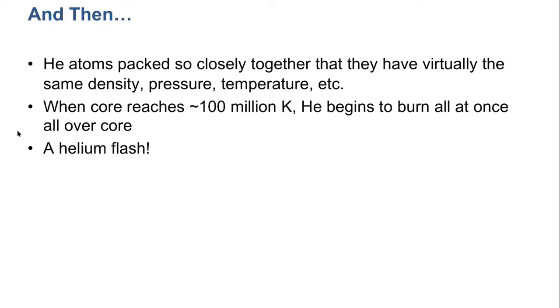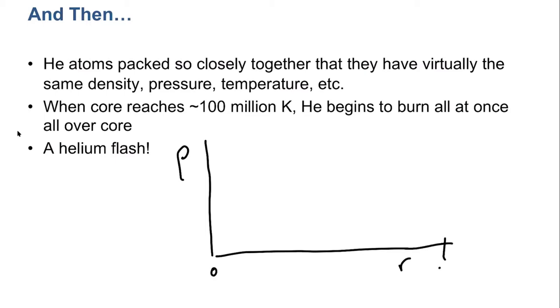If you remember the plots we made of the sun, density as a function of radius, this is the center of the sun, and maybe this is the surface of the sun out here somewhere, from 0 to big R. Remember, the density is smoothly varying through the whole thing in a normal star, right? This is what a normal star looks like in a density radius profile.